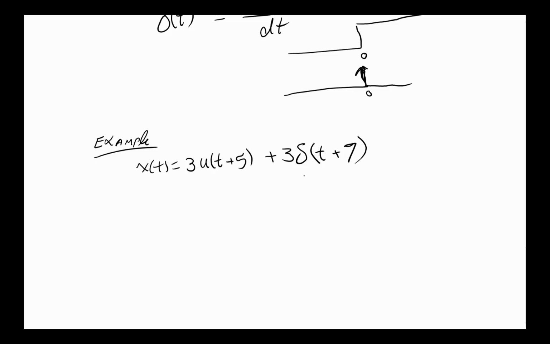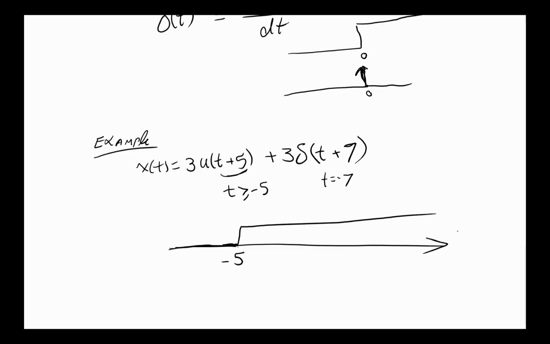I'm going to make it all go that way. If you look at this one, the first term is non-zero when t is larger or equal to minus 5. The second is only non-zero when t is equal to minus 7. So if you plot this, the step function is just going to come to minus 5, and then pop up and continue. And the effect of the impulse is that at minus 7 it pops up, and that's about it. The magnitude here is 3, and the magnitude here is 3 also.